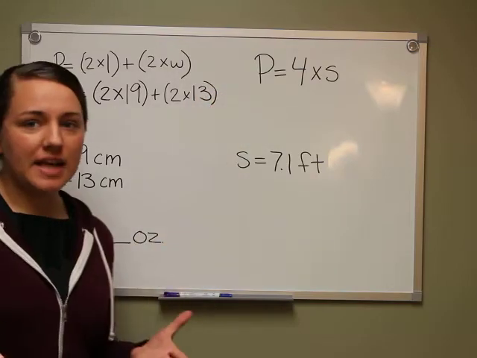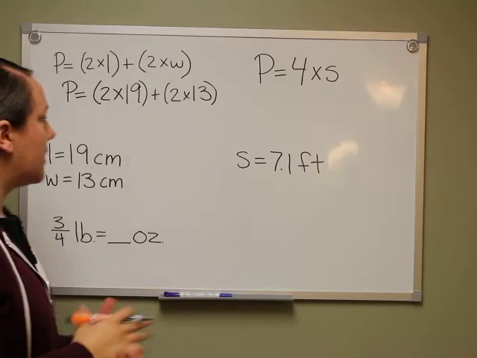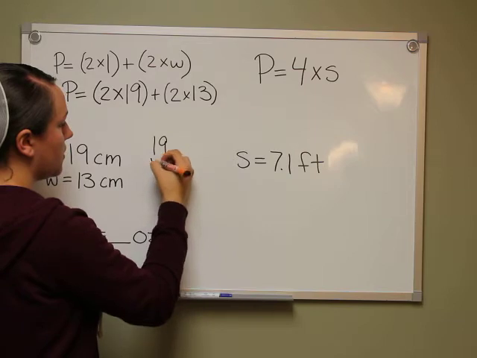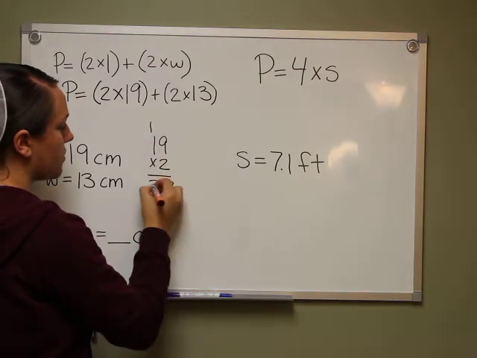Remember, we work inside the parentheses first, and then we can add, or whatever we're doing, next. So we have 19 times 2. 9 times 2 is 18. 2 times 1 plus 1 is 3.